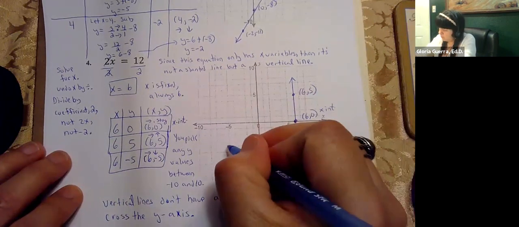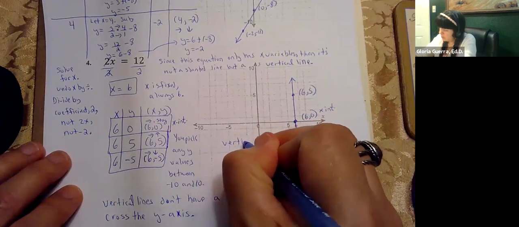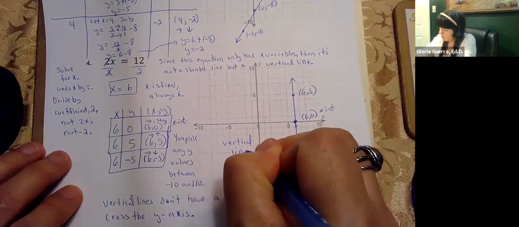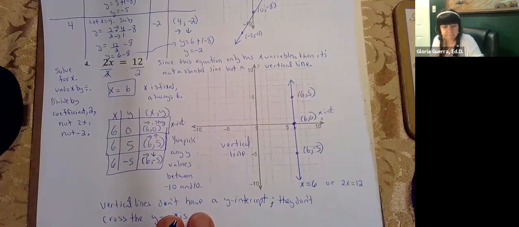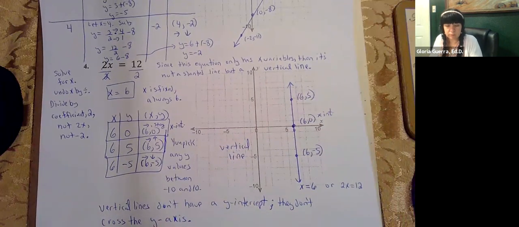That's a vertical, not a slanted line. That's a vertical line. Okay, let's see what else we have. Now we're going to show you the horizontal line, I believe, coming up next.